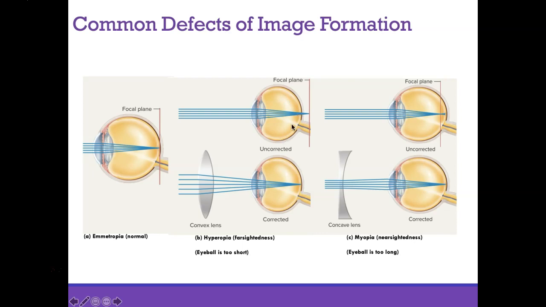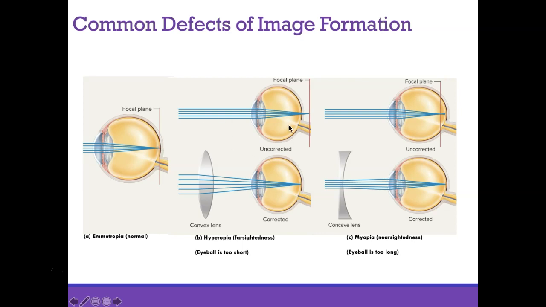The retina is in front of where the light is hitting, or the focal plane. So the focal plane is how we define where the light is going to hit. So the focal plane is behind the retina if you're farsighted, because your eyeball is too short. If the eyeball were longer, then the light would hit the focal plane. The focal plane would be at the retina.